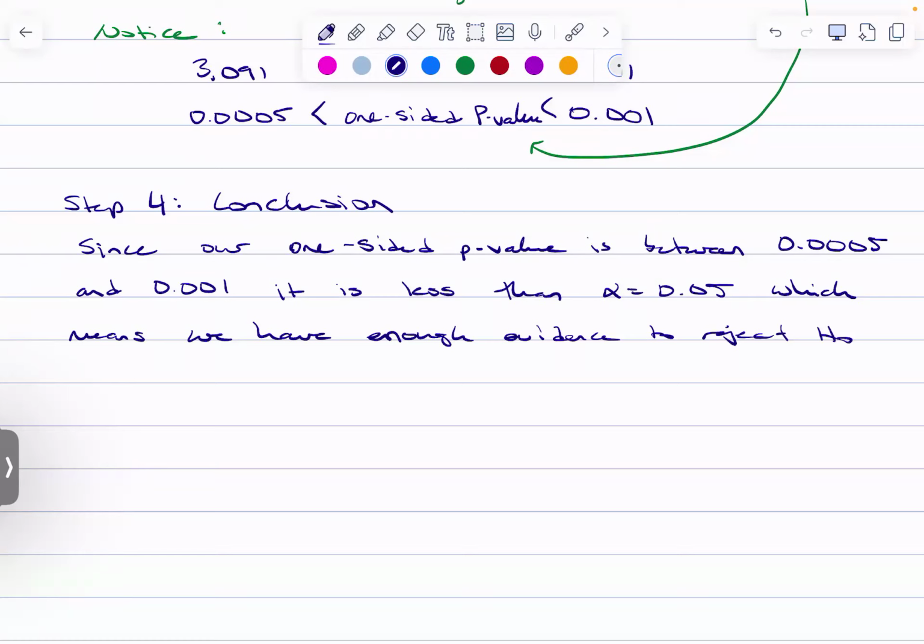And if I'm rejecting H naught, I like to offer up the alternative, in favor of, but you don't have to.